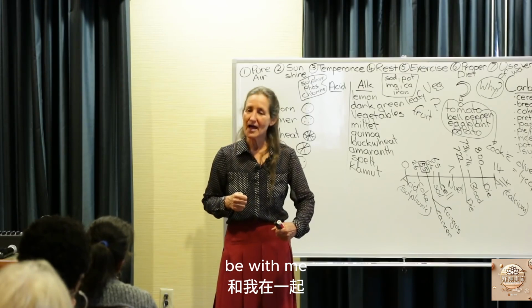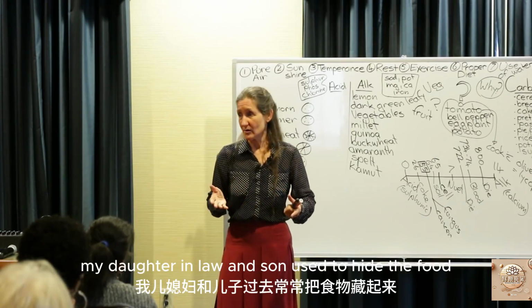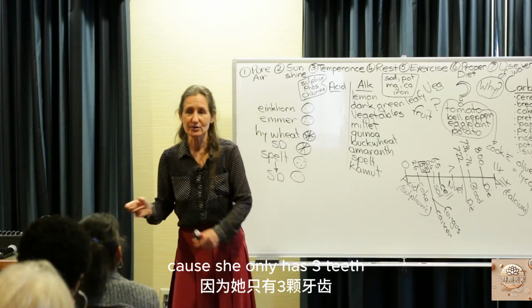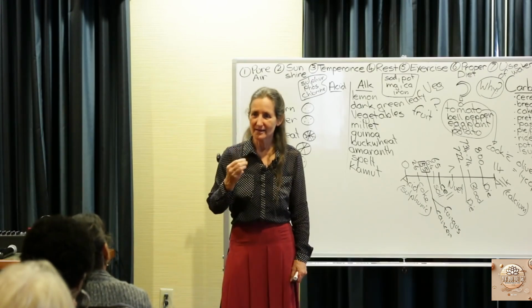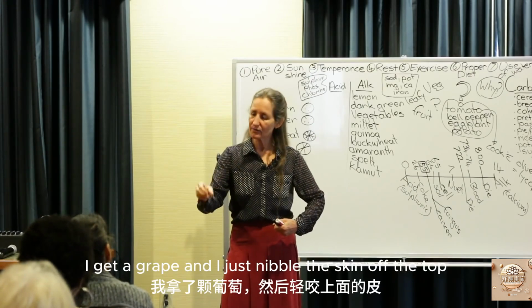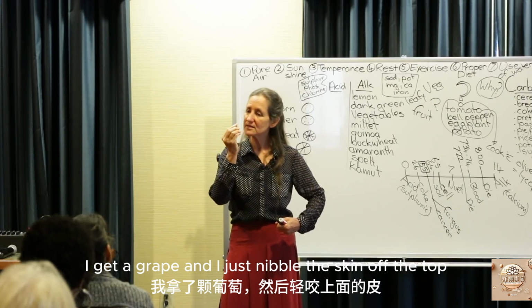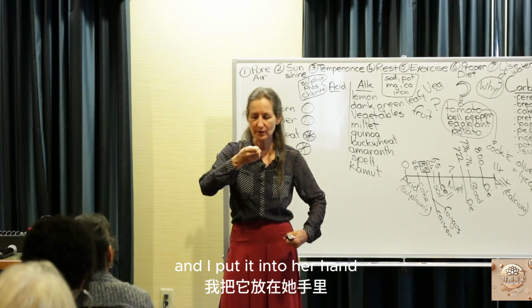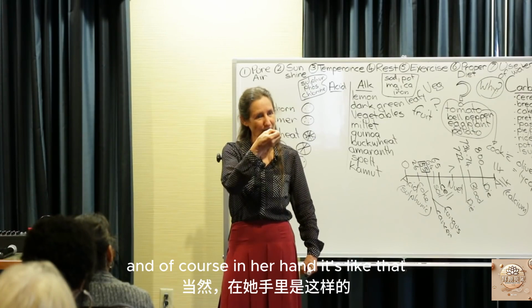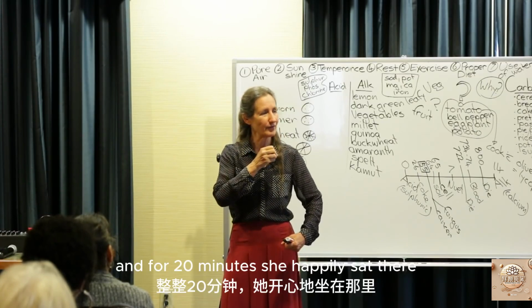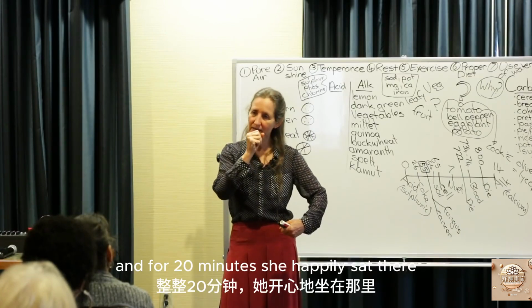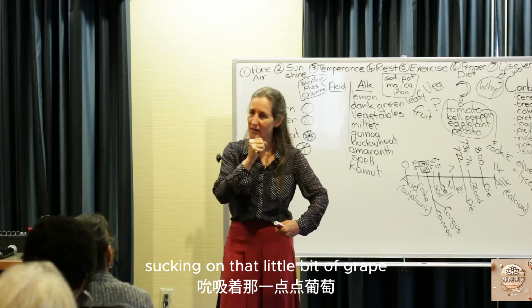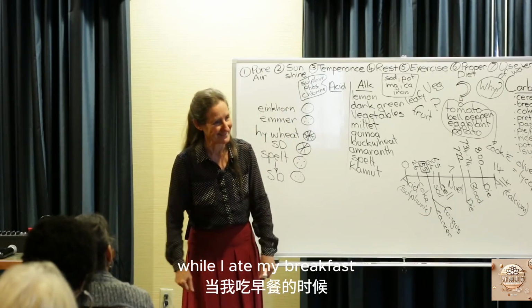Be with me. My daughter-in-law and son used to hide the food because she only has 3 teeth. I sit her on my knee, I get a grape, and I just nibble the skin off the top and I put it into her hand. And for 20 minutes, she happily sat there sucking on that little bit of grape while I ate my breakfast.